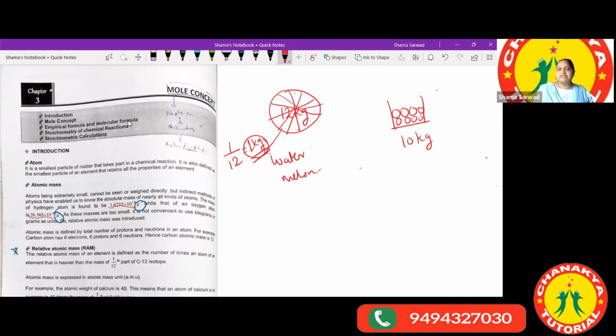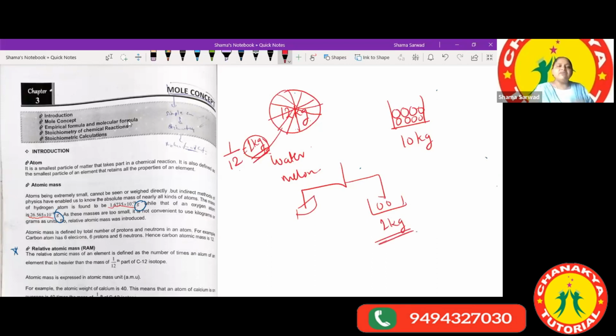So I will take one piece of this watermelon and keep it on one side of the balance, and on the other side I will weigh the apples. Mostly 1, 2, 3, 4 would be there, and that would be 1 kg of apples.